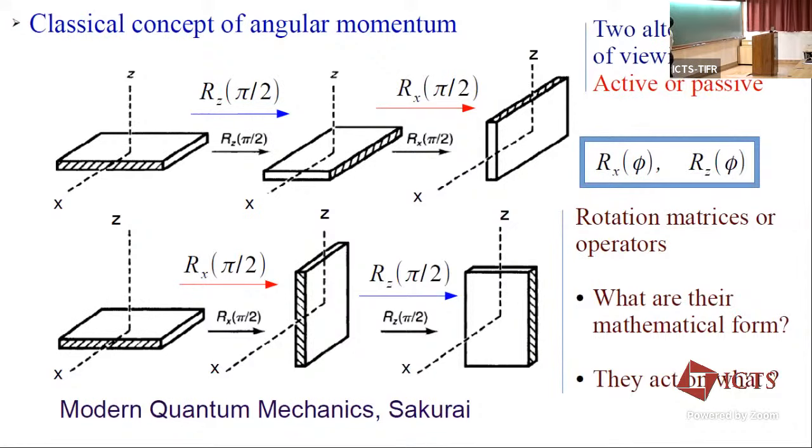Suppose this is the x-axis and this is the y-axis, and the z-axis is along the perpendicular. Rotation means this r vector, its modulus or magnitude, remains the same, and you rotate it in the anti-clockwise, positive direction. So you get this. Suppose this is phi, and this is phi prime.